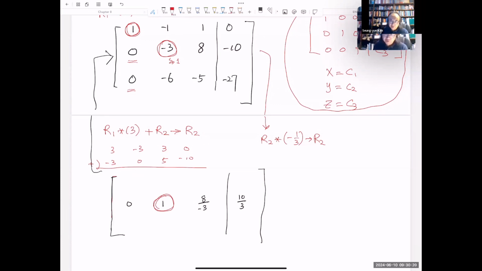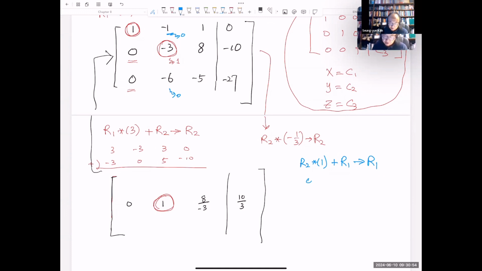We have to use this second row to make the entry above 0 and the entry below 0. So I'm going to multiply R2 by 1, add to R1, and put it back to R1, so that we can make the first row, second column 0.